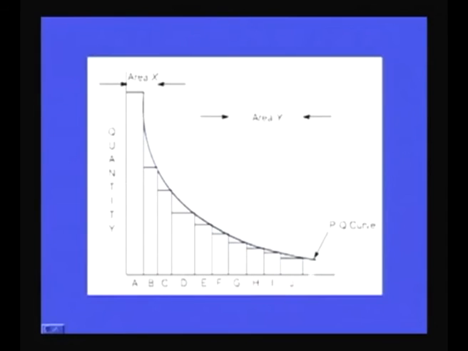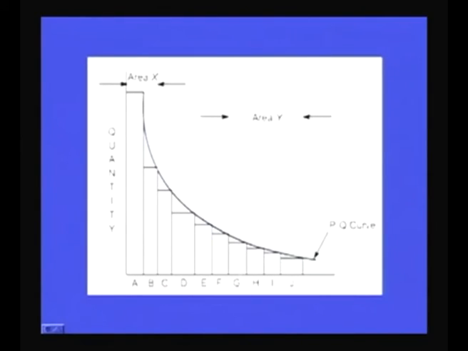But on the contrary, for area Y, there are 1, 2, 3, 4 different types of product, that is product G, product H, product I and product J, but the volume of these products is comparatively less.